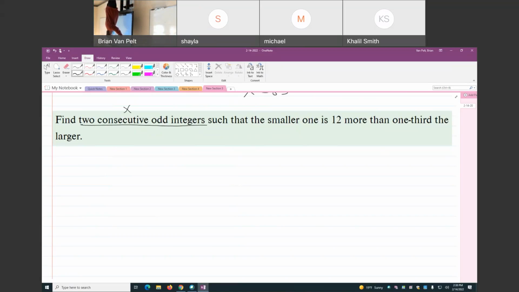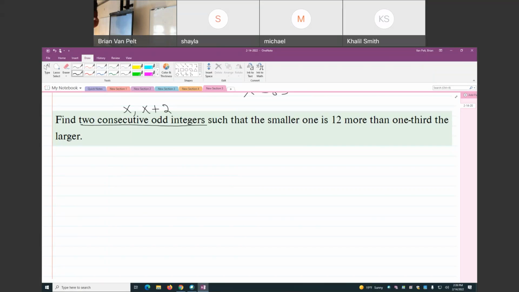I would call them x and x plus 2, because if they're odd, the next odd one is 2 later, isn't it? If I have an odd number, how much do you go to get the next odd one? Add 2 to get 3, add 2 to get 5, add 2 to get 7, it goes on forever.